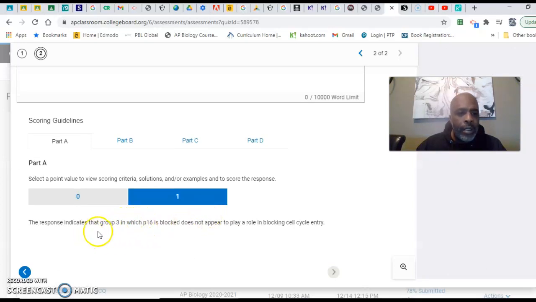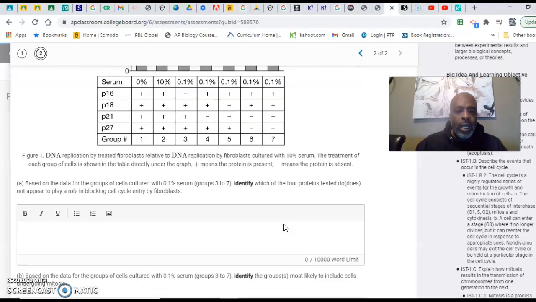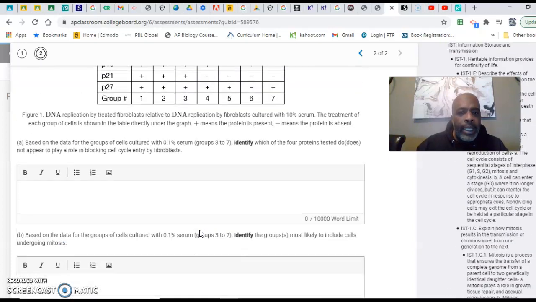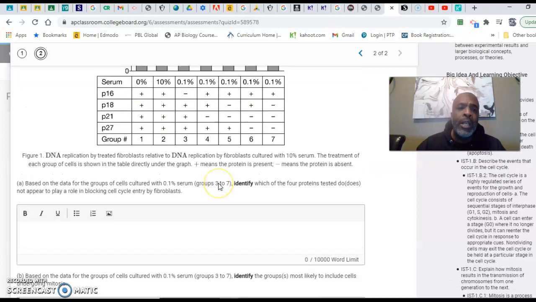The response indicates that group 3, in which P16 is blocked, does not appear to play a role in blocking cell cycle re-entry. Then we'll move to question B, which says, based on the data for the groups of cells cultured with 0.1% serum, groups 3 to 7, identify the groups most likely to include cells undergoing mitosis.